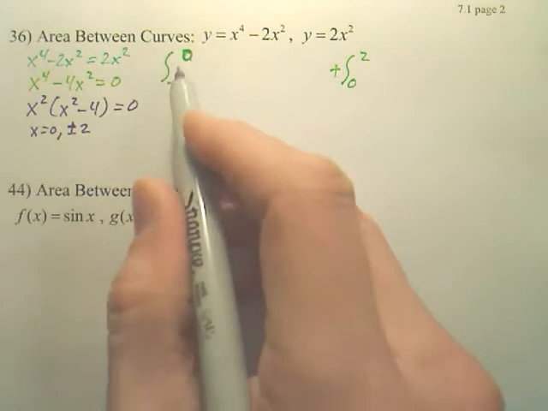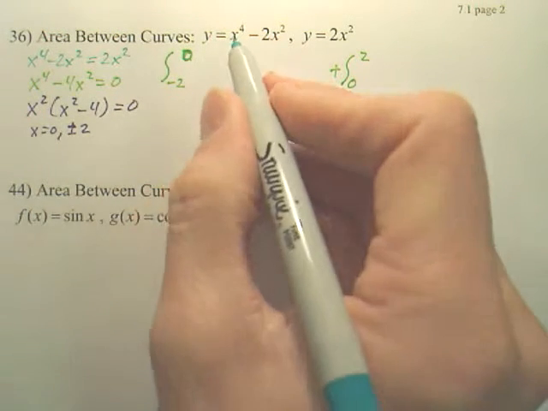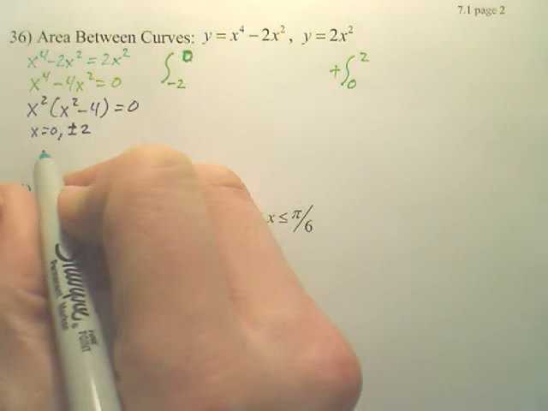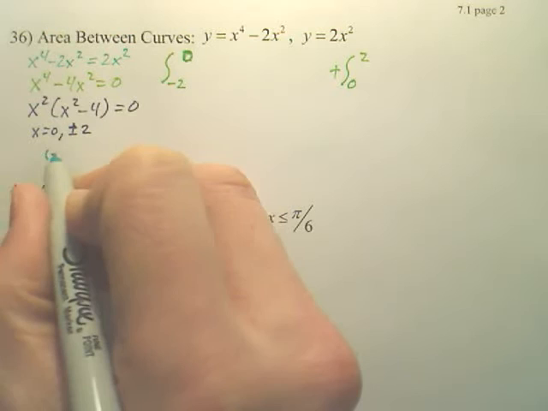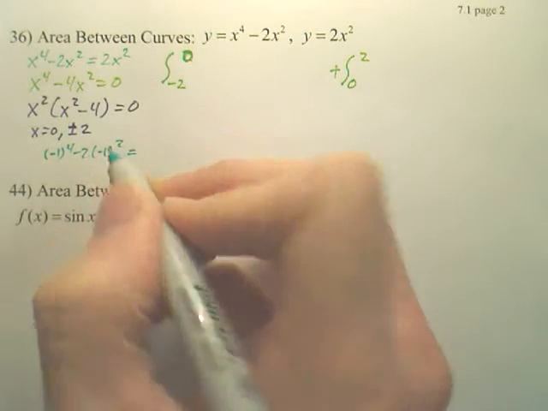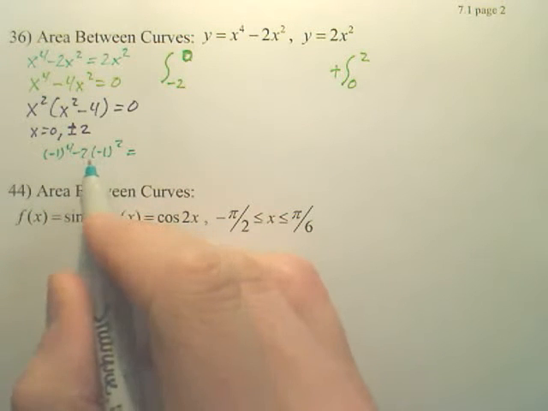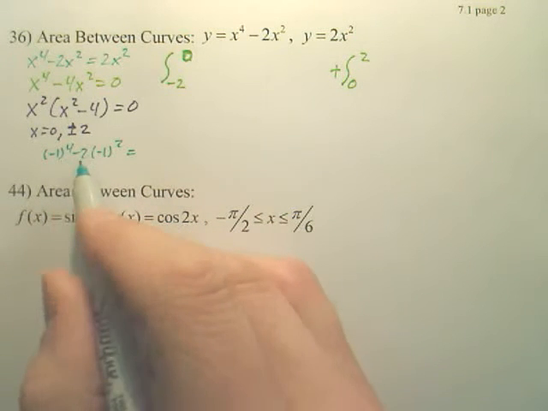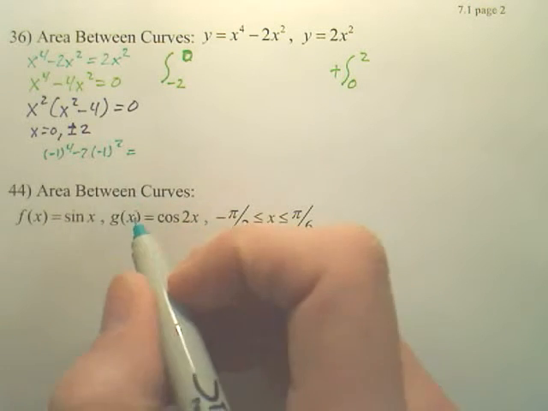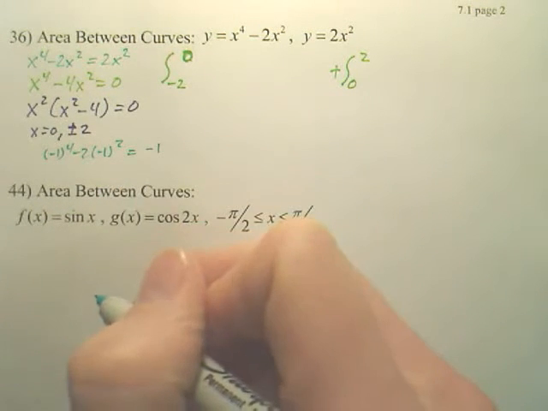So let's plug in a number for this interval. For the first one, let's plug in negative 1. Negative 1 to the fourth minus 2 times negative 1 squared. And what do you get there? Oh, it's negative 1.